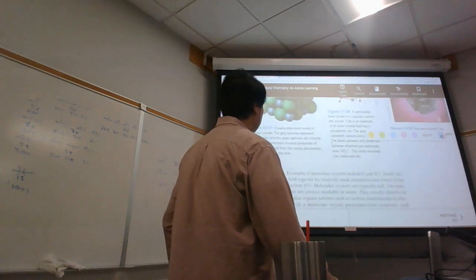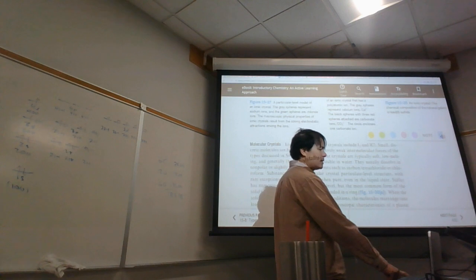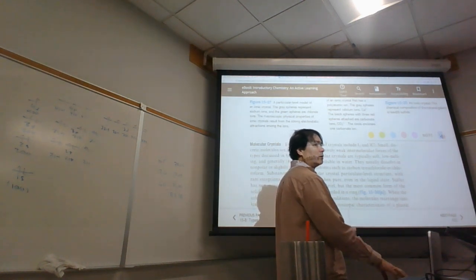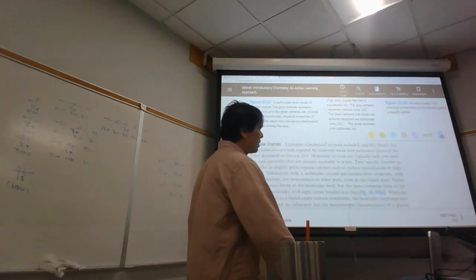And so if it's not hard to break apart, then molecular solids have low melting points. It doesn't require much heat. Something like ice melts at 0 degrees C, whereas sodium chloride melts at extremely high temperatures.